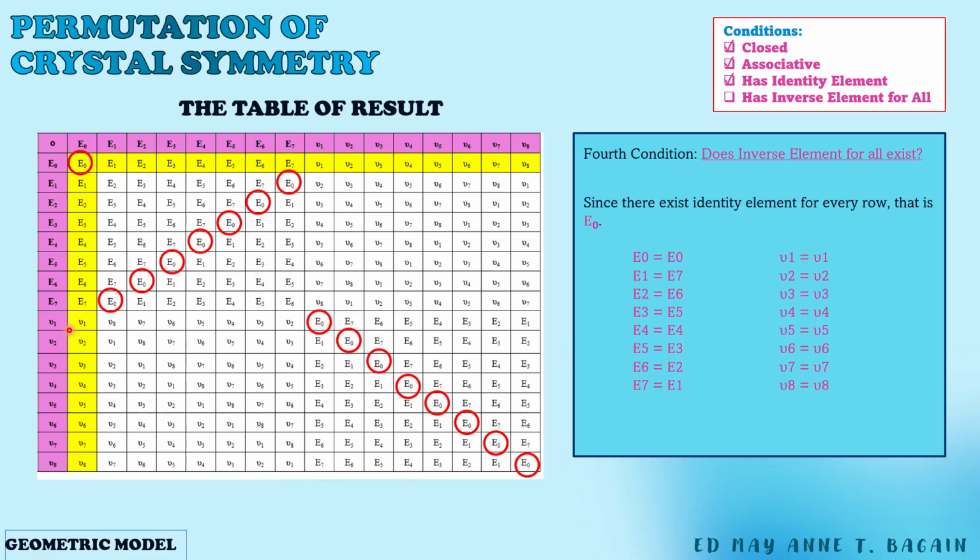And for epsilon sub 1 to epsilon sub 8, the inverse element would be themselves as well because, as we can see, it is slanted like this, so it would just be the same. So let's just put a check there. There is an inverse element for all.